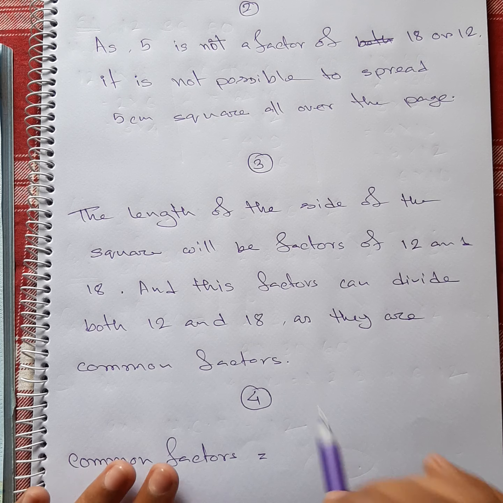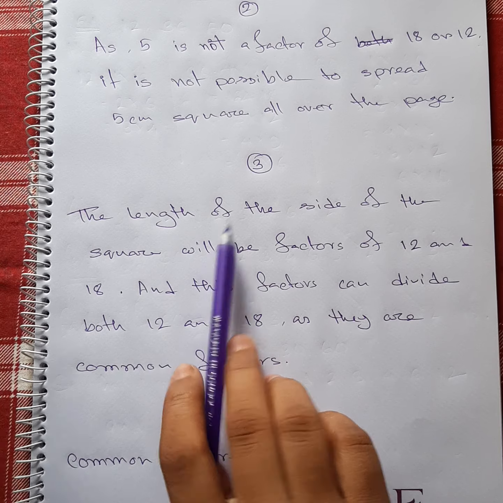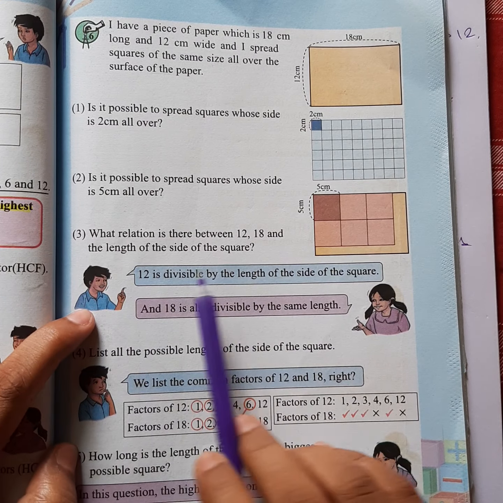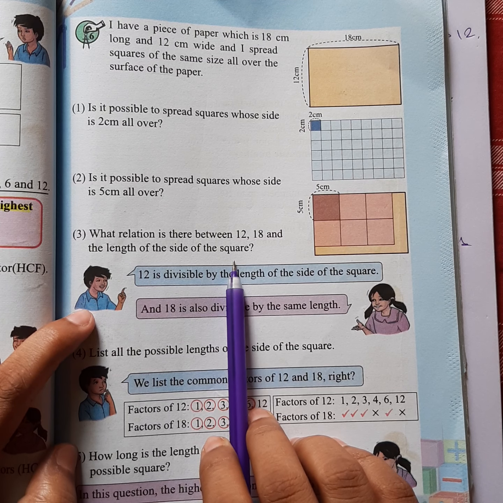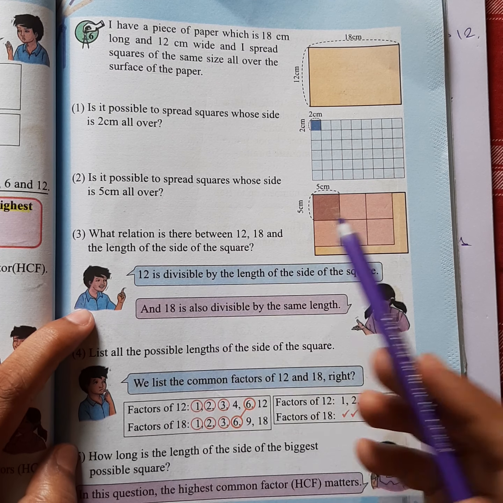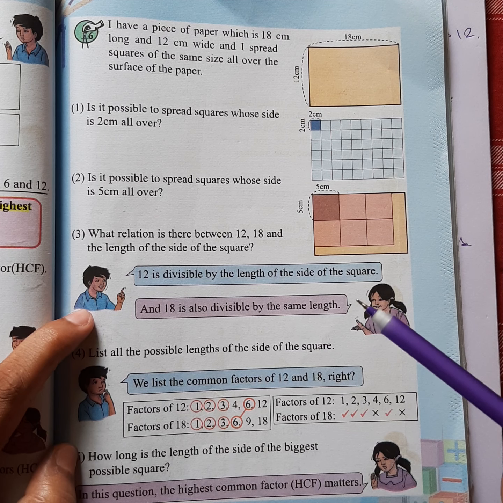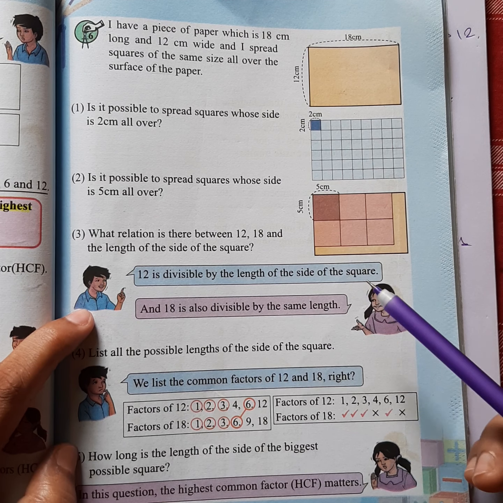In the 3 number question, they asked what is the relation between 12 and 18 and the length of the side of the square? Definitely, as I already told you, we will find out the HCF because we need a small answer, that means factors.